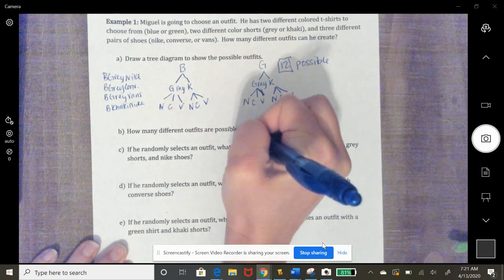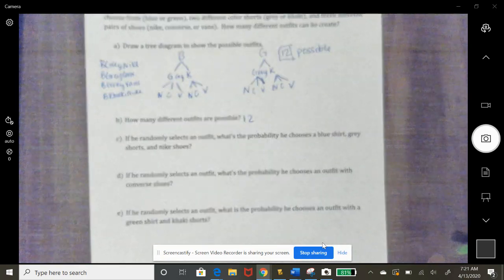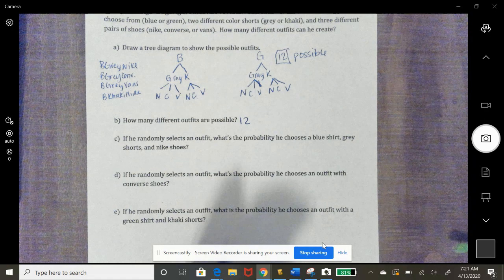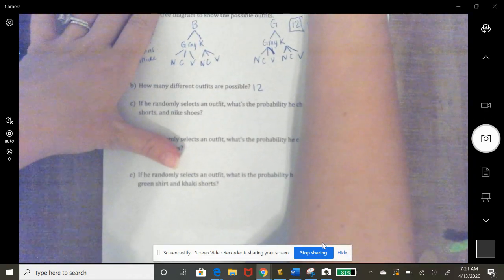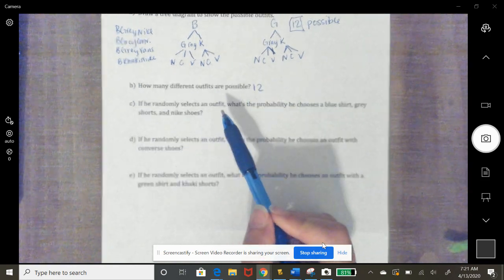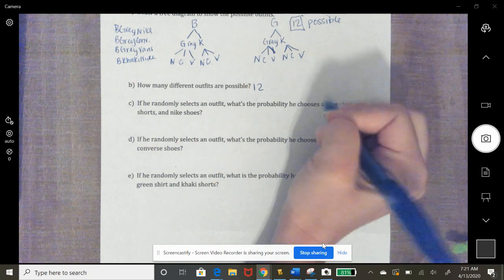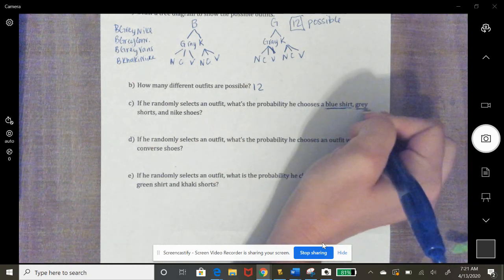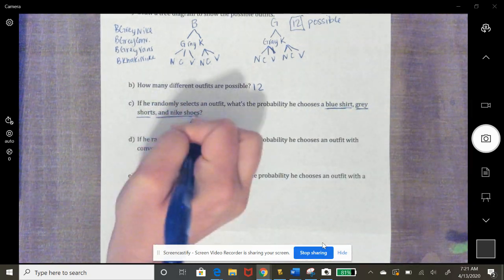That's letter B: how many outfits are possible? When we're doing our probability, this is what we need to divide by. Now let's answer some questions based on our diagram. If he randomly selects an outfit, what's the probability he chooses a blue shirt, gray shorts, and Nike shoes?